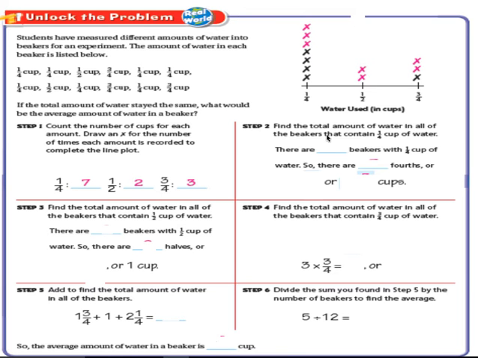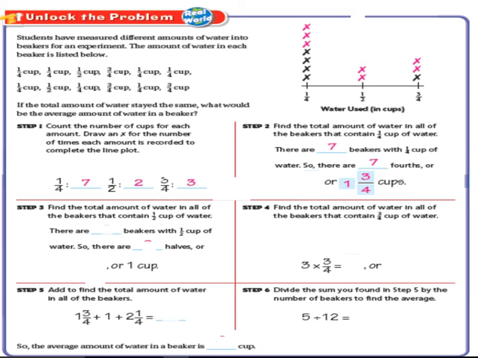Now find the total amount of water in all of the beakers that contain 1/4 of a cup of water. We know there's 7 with 1/4 cup of water. So I know 7 times 1/4 is 7/4, or how else could you write it? 1 3/4.